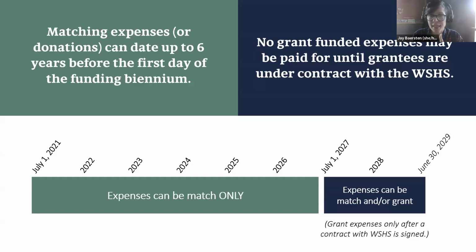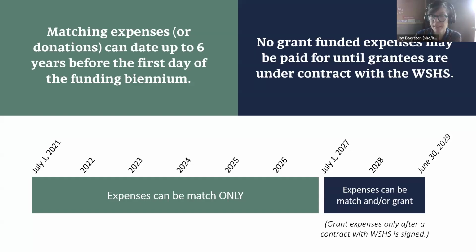Another really important thing to note is that anything you're planning to count as a past expense as your match does need to be included in your proposal, your description of your project. So you need to write out the scope of work and all the details of it in your application, even if it's already happened.